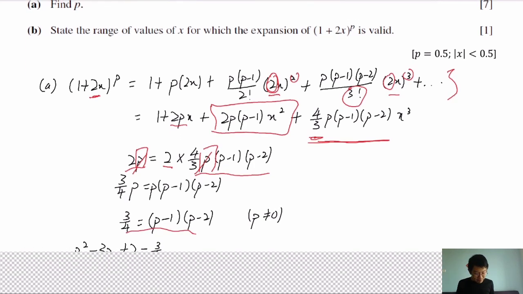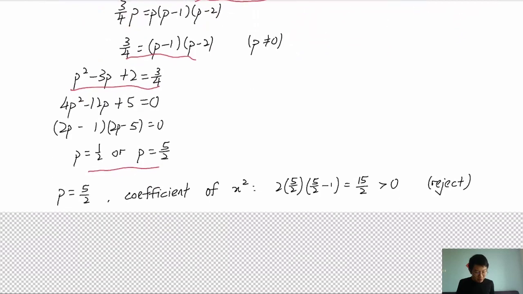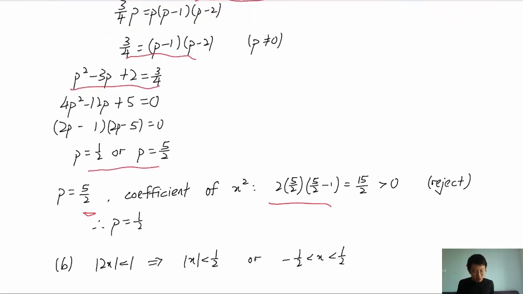If we start with p equal to 5/2 and substitute into the coefficient of x squared, it gives us a positive term. So we are going to reject p equal to 5/2, and accept p equal to half. That will be the value for p.